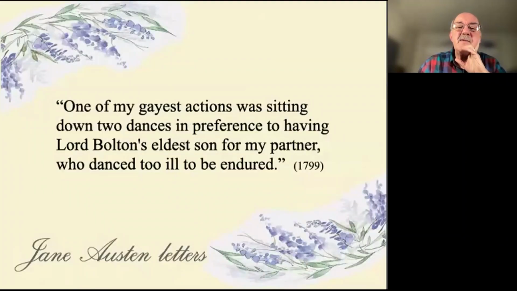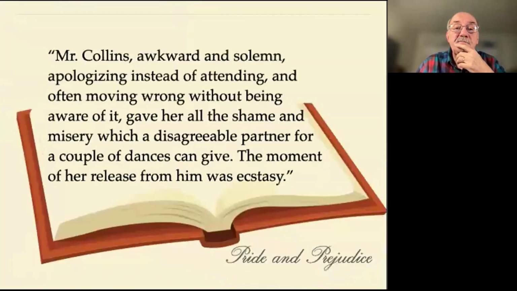Sitting down 2 dances in preference to having Lord Bolton's eldest son for my partner, who danced too ill to be endured. She had high standards and did not look well on poor dancers, and neither did her heroines. Notice here she's having to sit down 2 dances. We'll talk about that shortly.